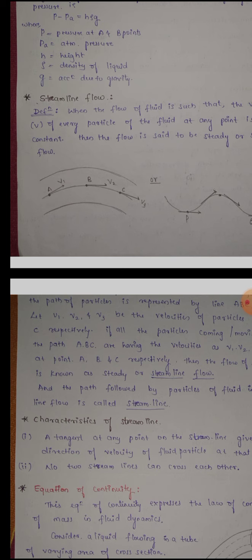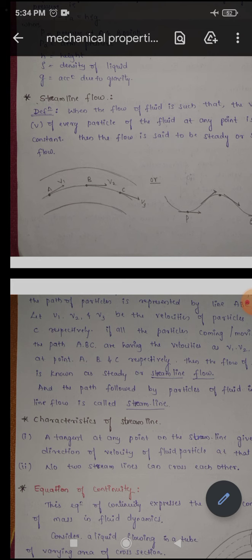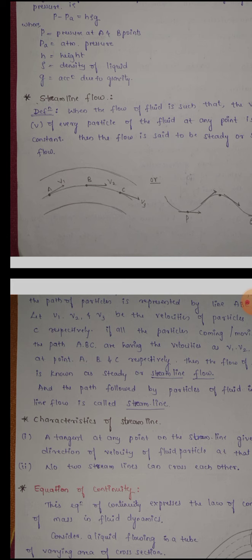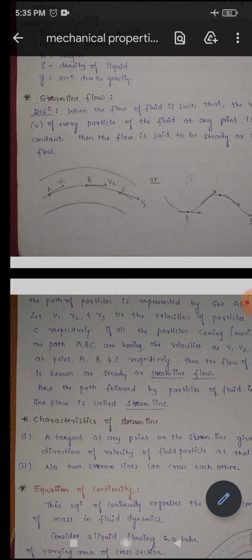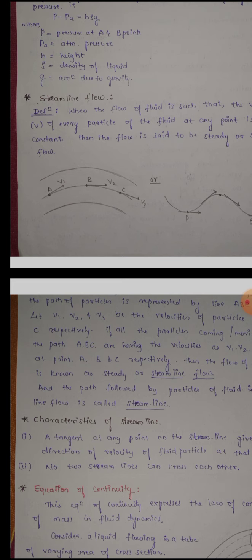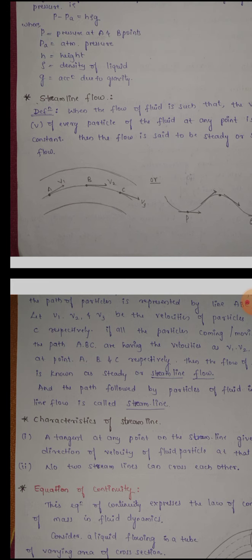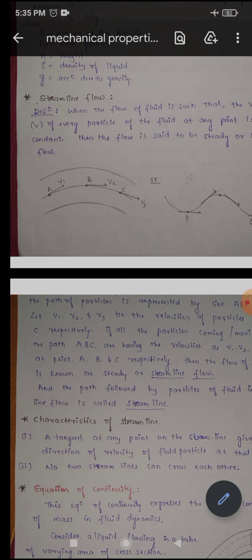The path of the particles is represented by the line A, B, C. Streamline flow means that when the particles coming through this tube reach the point A, they will have the velocity v1, and when they come to the point B, they will have the velocity v2, and when they come to the point C, they will have the velocity v3. Then that flow is known as streamline flow.